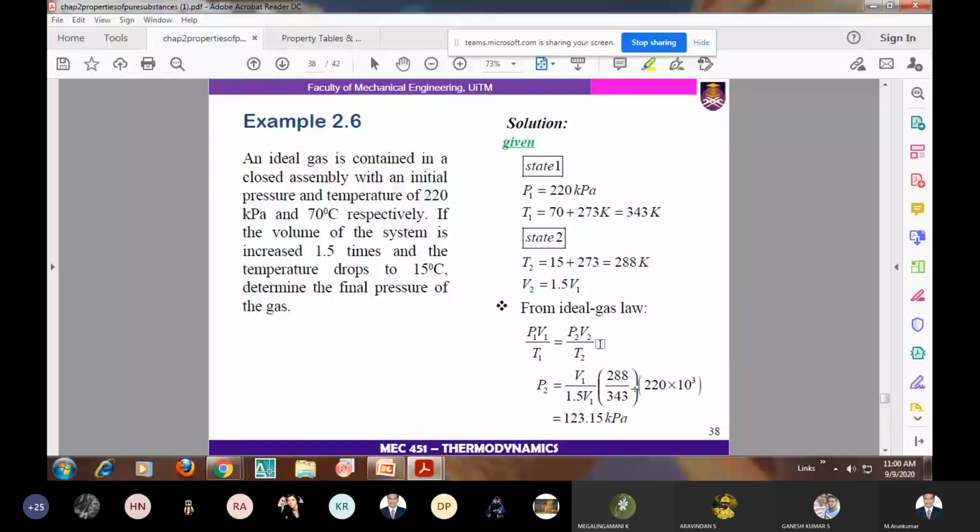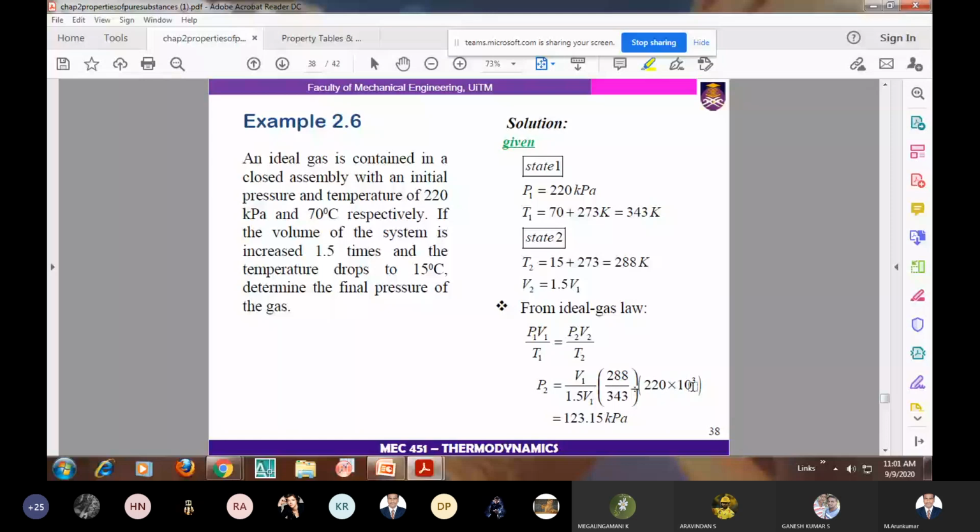The known values are substituted to find the unknown value. The unknown value here is P2. We know the value of V1, we know the value of V2, and we know the value of P1, that is 220.